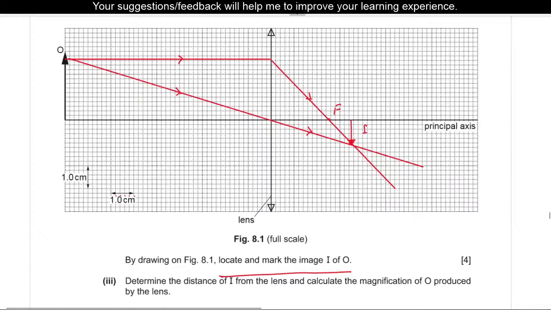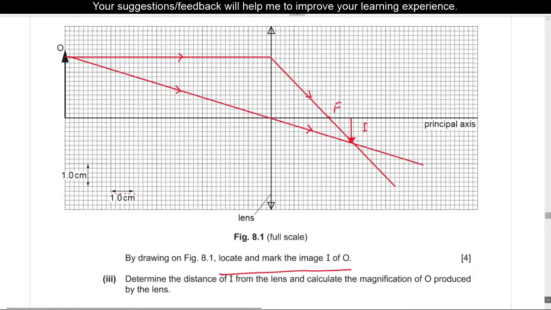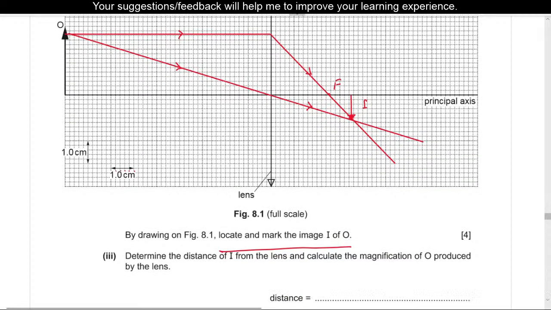So we have located and marked the image I of the O. Determine the distance of I from the lens and calculate the magnification of O produced by the lens. So the distance of I from O. Let's calculate the number of boxes.